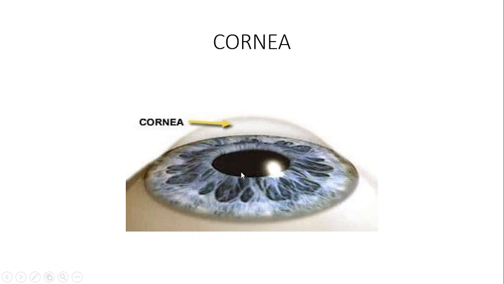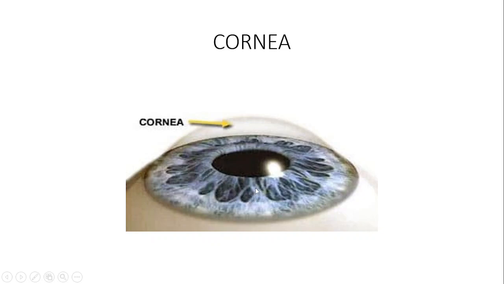Remember that during your rotations, you will be using some medicine to open up the size of the pupil. Okay, it will measure on the average 3.5 millimeters, but when you put some medicine on the eyeball, it stimulates the dilator pupillary muscle.